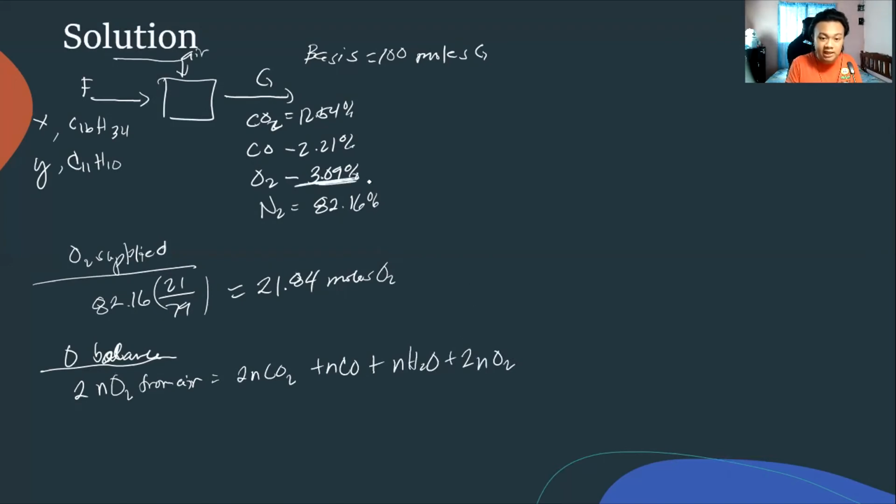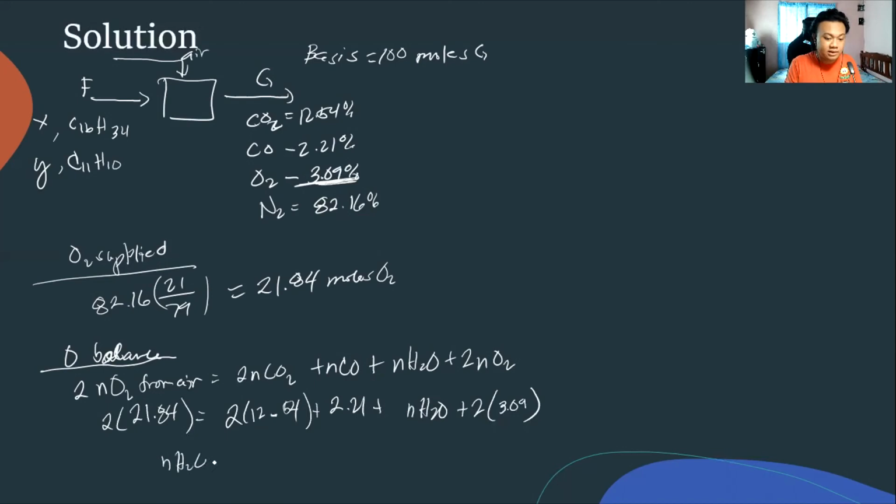So substitute and then get the NH2O. We have 21.84 plus 2 times 12.54 plus 2.21 plus NH2O plus 2 times 3.09, and then you can get the H2O to be 10.21.